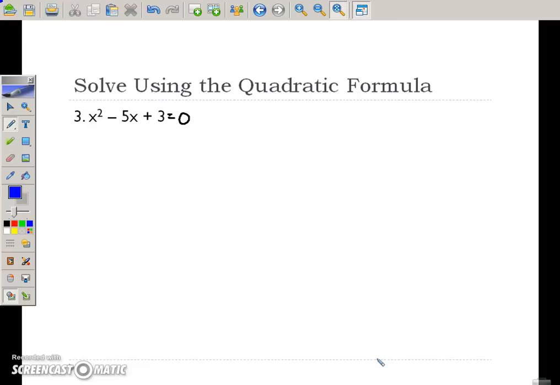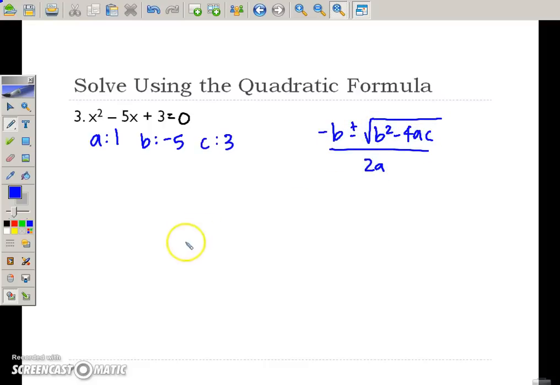The last one we're going to look at, x squared minus 5x plus 3. We know a is 1, b is negative 5, and c is 3. You've got negative b plus or minus the square root, b squared minus 4ac all over 2a.